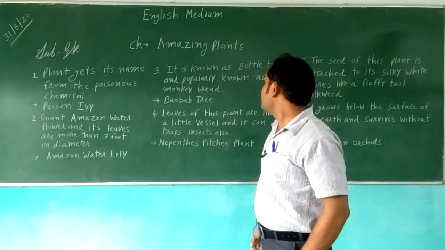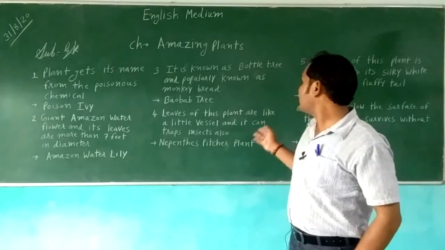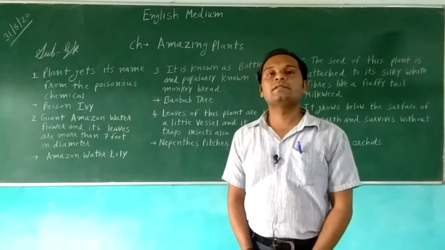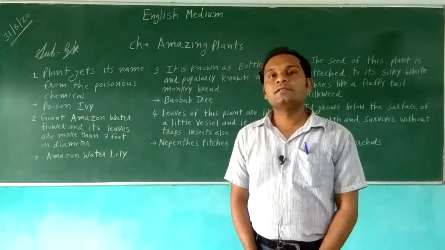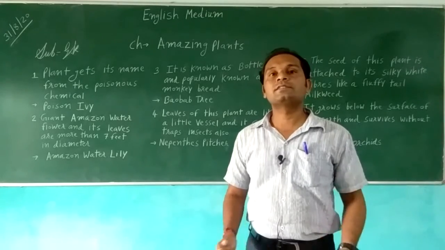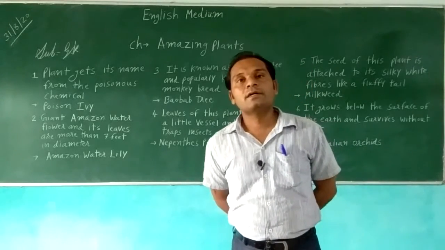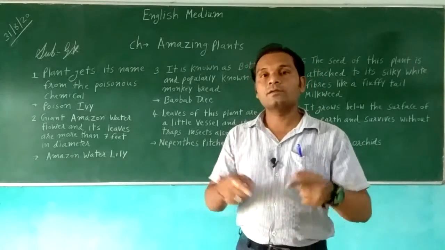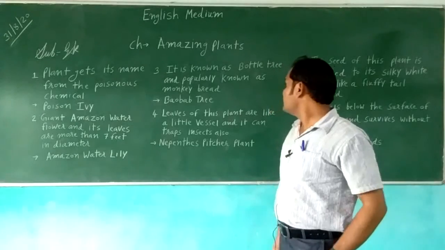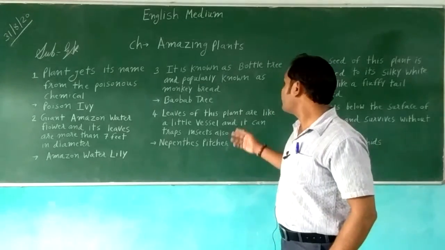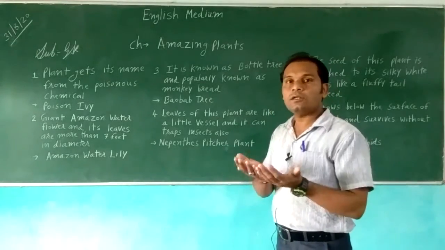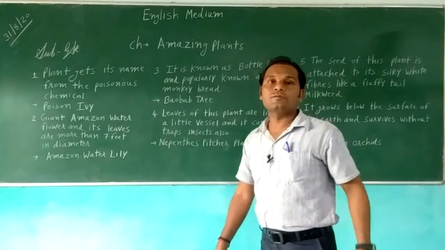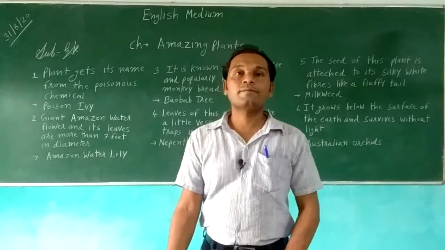Fourth is a plant whose leaves are like a little vessel. Some plants' leaves are different in shape. Some trees are big and some plants have small leaves. The leaves of this plant are shaped like a small vessel, and it can trap insects also, like a killer plant.